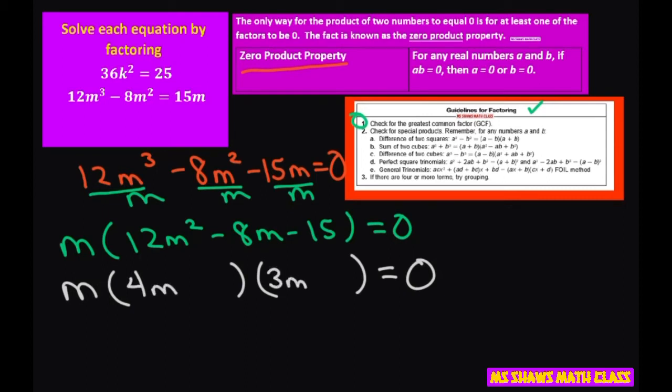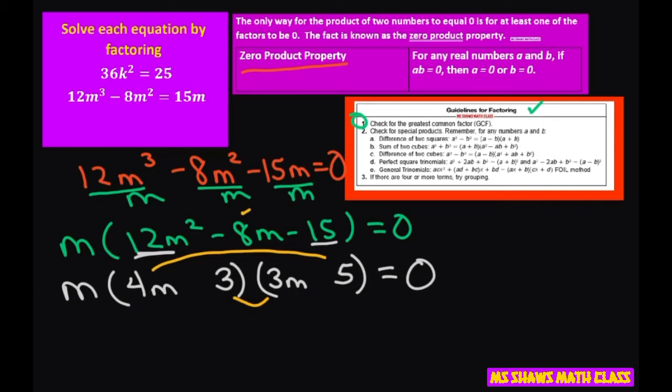You want to get them close together, the factors that are closest together. And then 15, I'm going to go ahead and use 5 and 3. When I look at this, I'm looking at 20 minus 9, or negative 20 plus 9. That does not give me a negative 8.